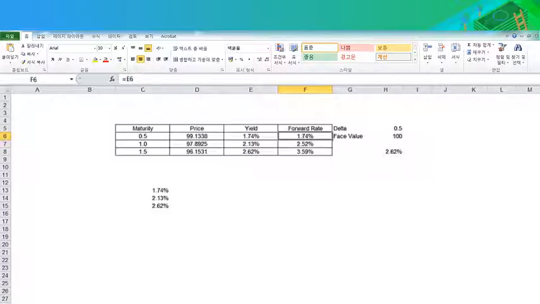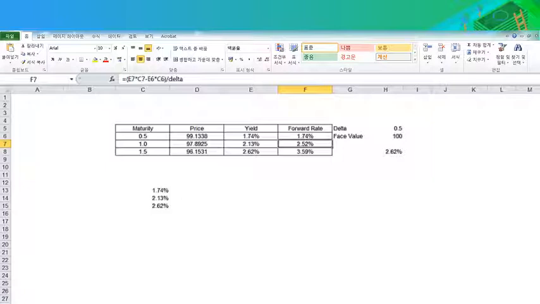The first one is maturity 0.5, and we want to determine interest rate from today to 0.5, so it should be same to today's spot rate, 1.74%. But then for the next one, we have to think more. It is the interest rate that we have to determine today, between 6 months later, 0.5 years, and 1 year later.